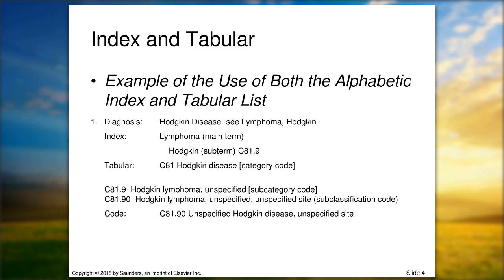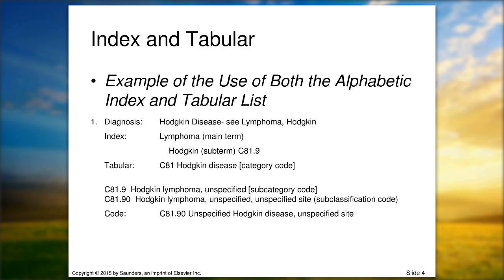First, we identify the main term in the diagnostic statement. Then we locate the main term in the alphabetic index, referred to in the material as the index. We review any subterms under that main term in the index. We then follow any cross-reference instructions, such as "see."